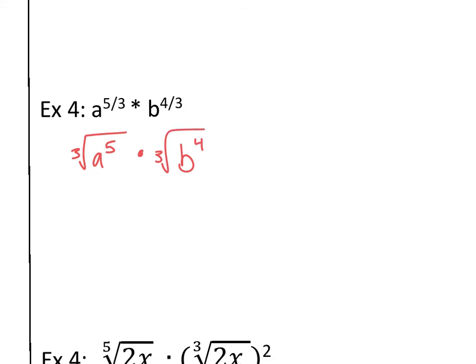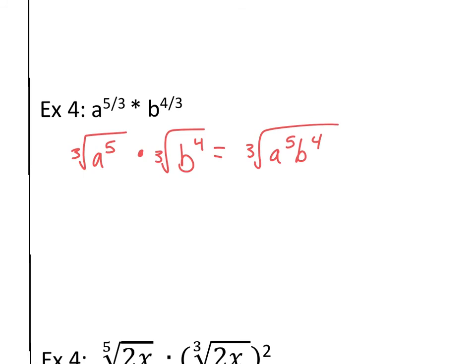So now, can I multiply these values? I think so. Why do you think so? They have the same index, right? So we can multiply these. So a to the 5th times b to the 4th, isn't it just a to the 5th, b to the 4th under the cube root? Yeah. Okay.